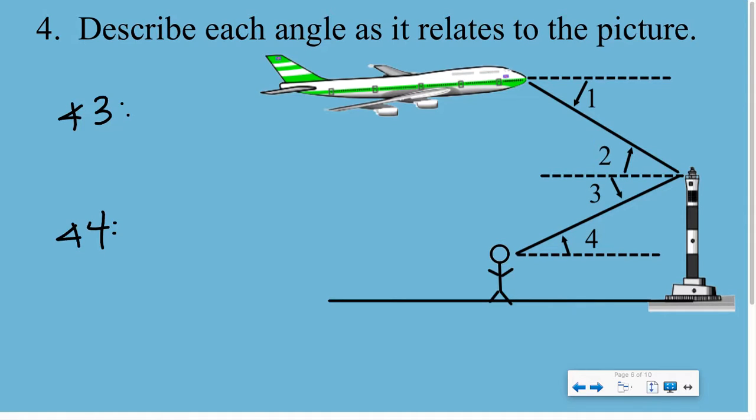Nicole, for angle 3, would you say it's an angle of elevation or depression? Depression. Why would you say it's an angle of depression? Good. From which 2 objects, Nicole? Good. From the lighthouse to the person.